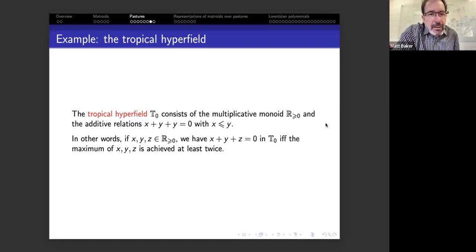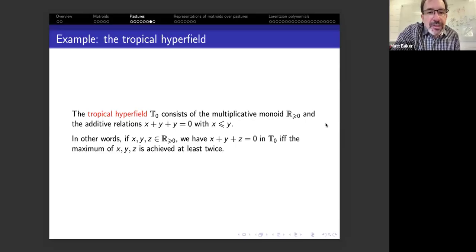And indeed, you can really do many things in tropical geometry more naturally with this structure than with the usual semifield structure. Now, in tropical geometry, it's traditional to take logarithms so that instead of multiplication being multiplication, multiplication becomes addition.